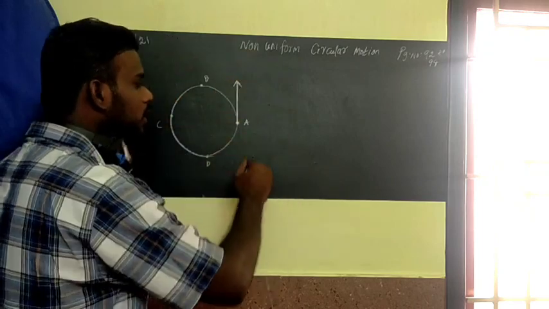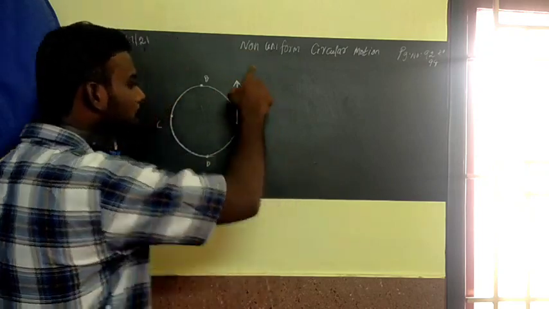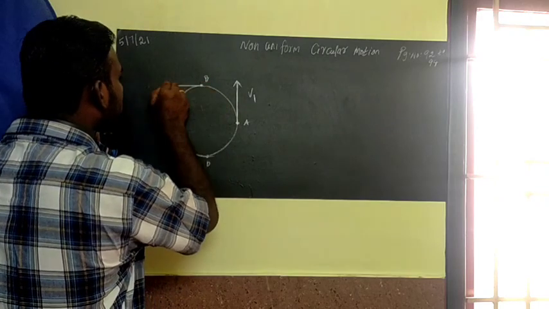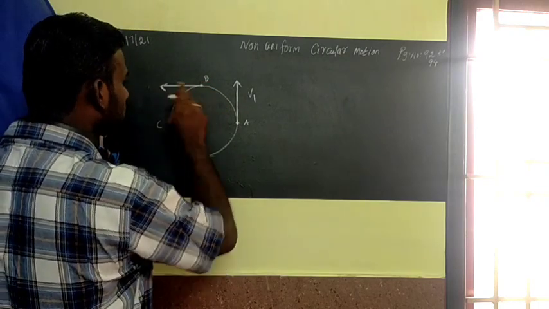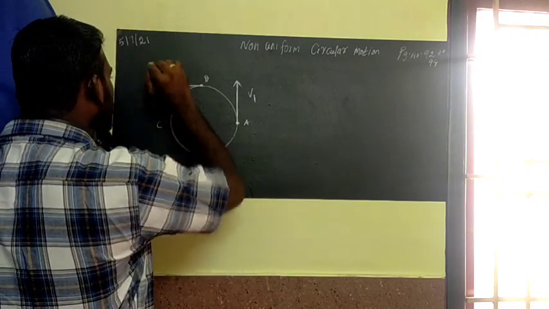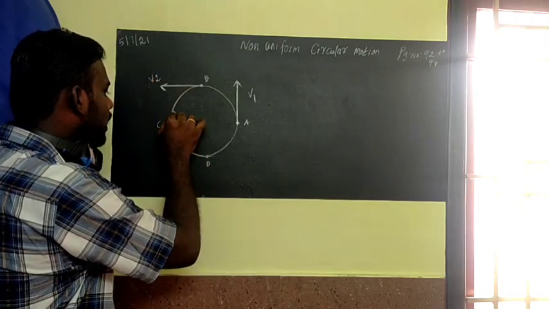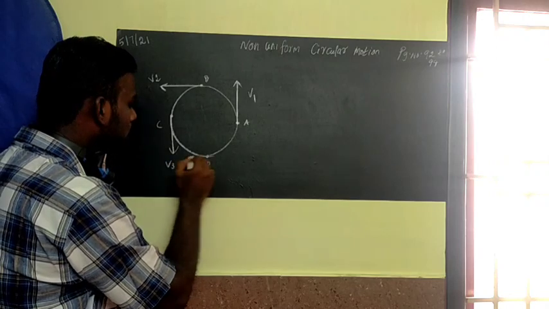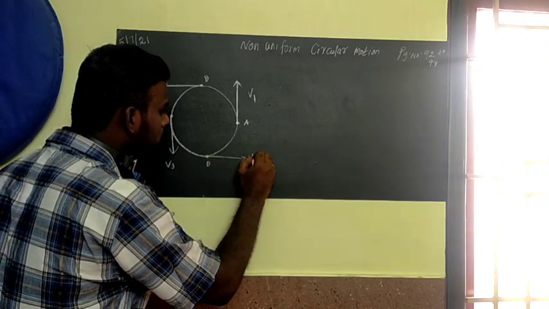It will be tangential. The velocity of the particle at point B will also be tangential. This is V2. The direction of the velocity at point C is along this direction. This is V3 and this is V4.